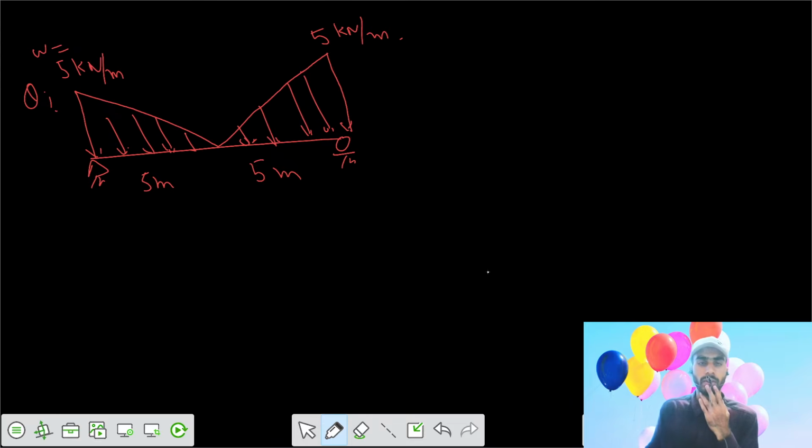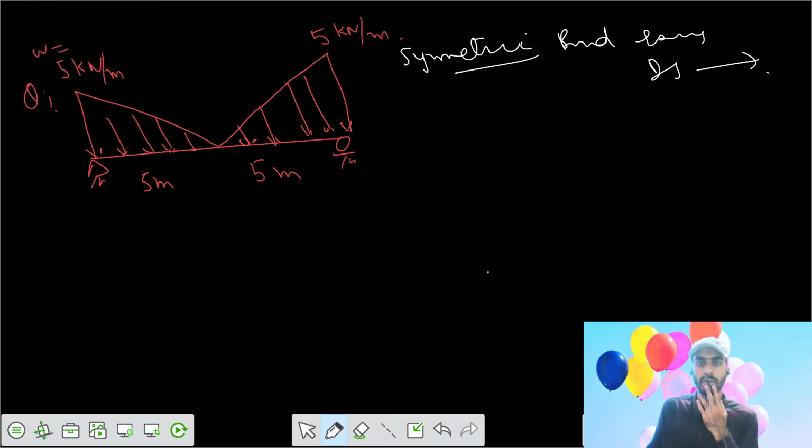It's also a symmetric loading. We have that symmetric loading. We can get the BMD, reactions and deflected shape symmetric.